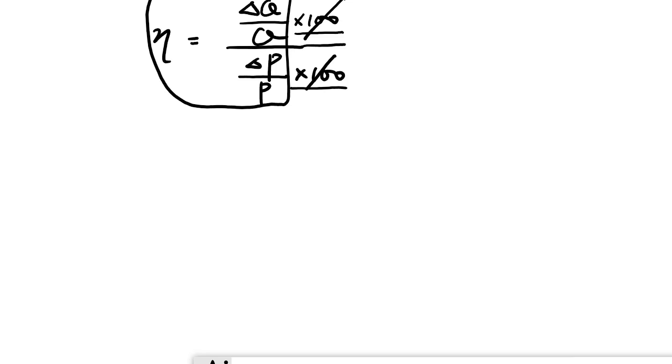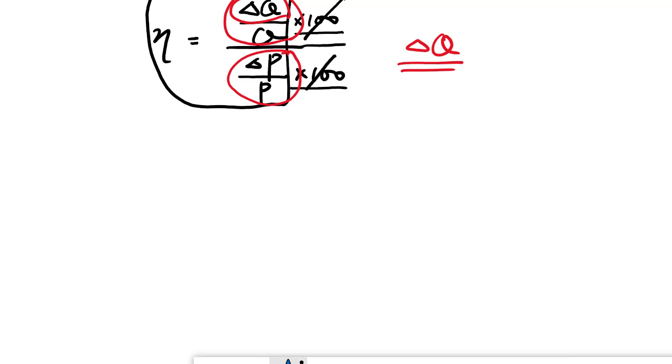So basically the top is, if you look at here, the change in quantity demanded. The delta notation implies change in the quantity that follows right after the notation delta. So this is the percentage change in quantity demanded, and that is associated with a percentage change in its own price.